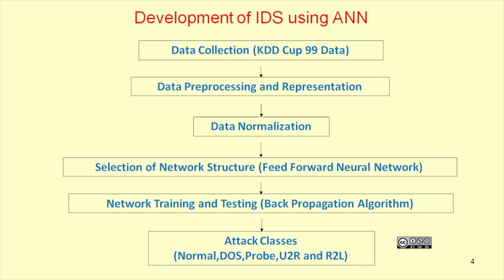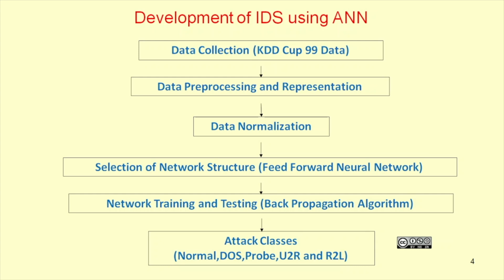It is data that came out of a data challenge competition in the year 1999. Followed by data collection, the next task is data pre-processing as well as representation in the form suitable for the ANN model development. As usual we need to conduct normalization of the data.